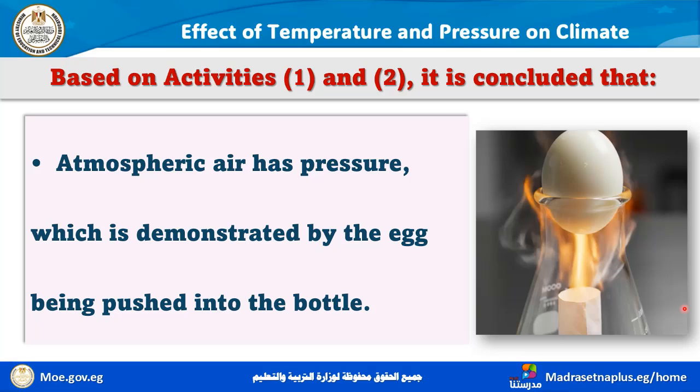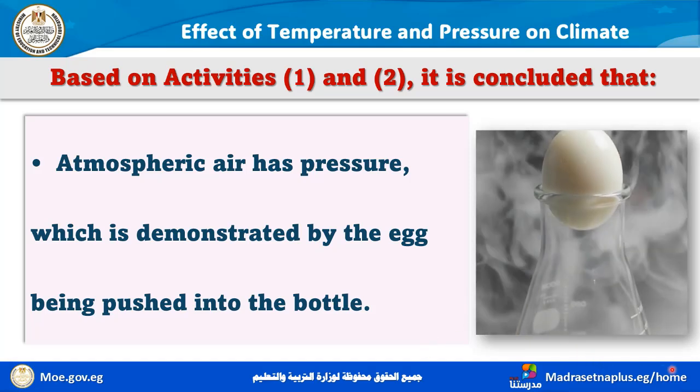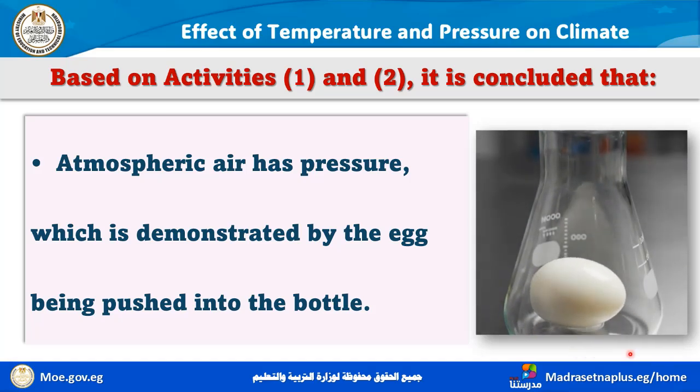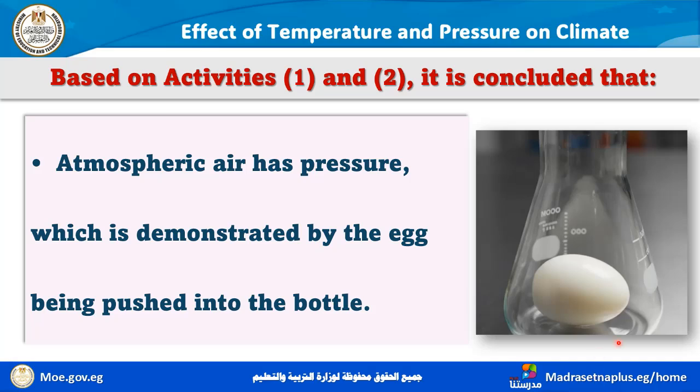The higher external atmospheric pressure pushes the egg into the bottle. This is what happened in our second activity. We can see it in this animation, how the egg falls down inside the bottle after burning the piece of paper inside it.